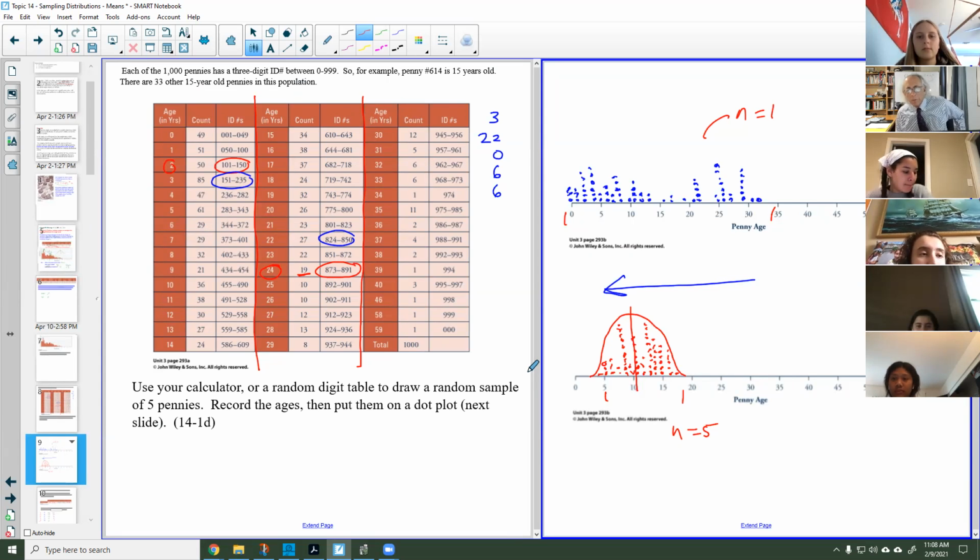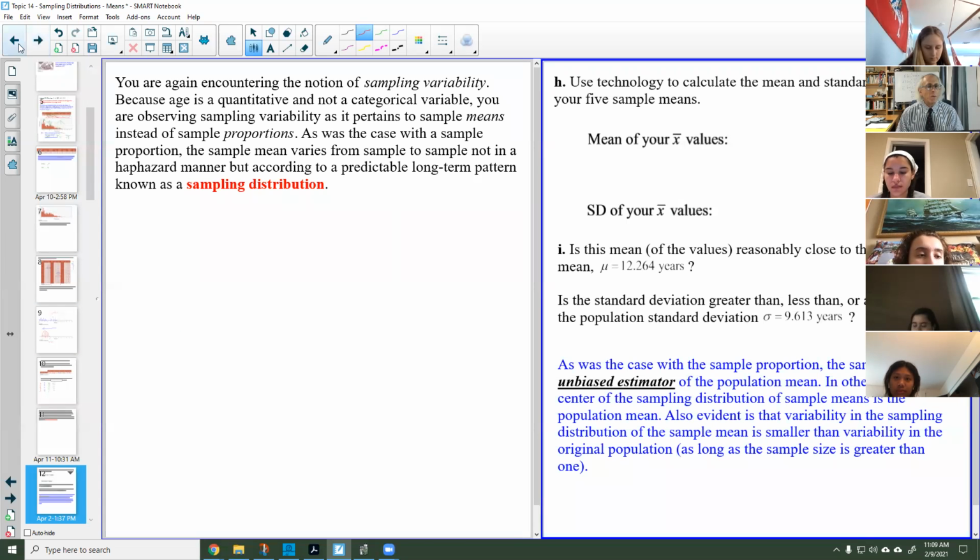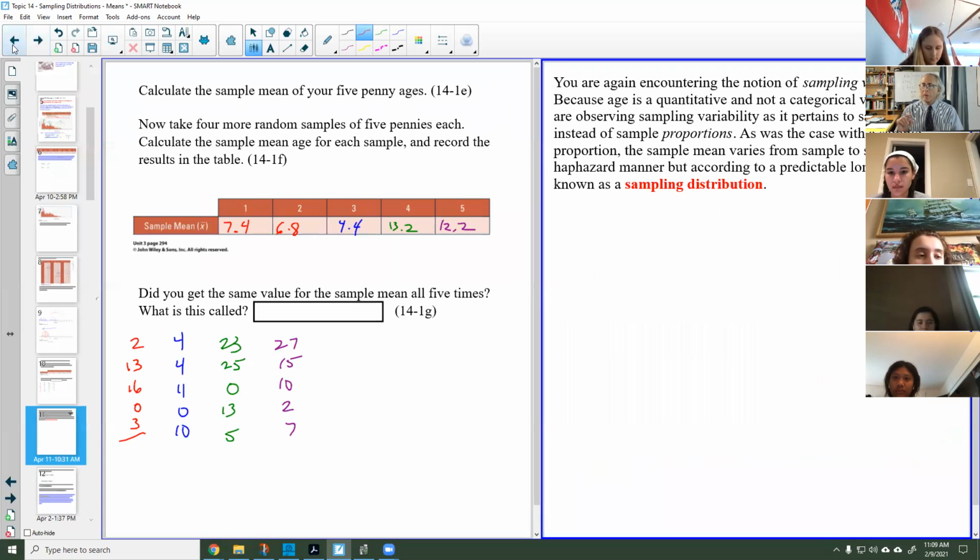So this is interesting. This is a good simulation that we're doing on our own right here. So keep your numbers, okay? Because when we come back on Thursday, we are going to add up all of our means and then take the mean of those.